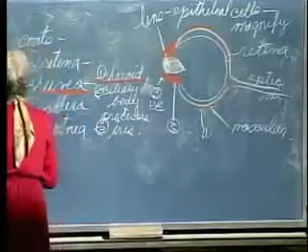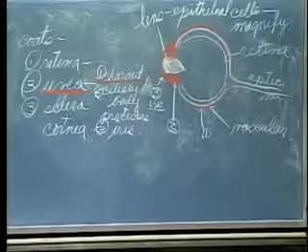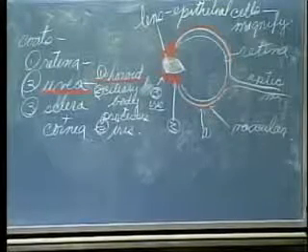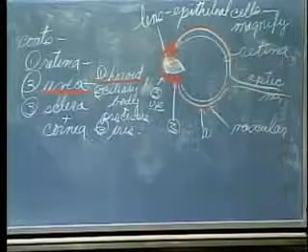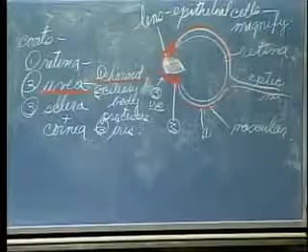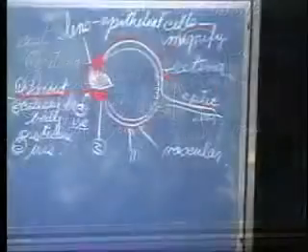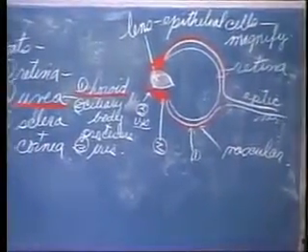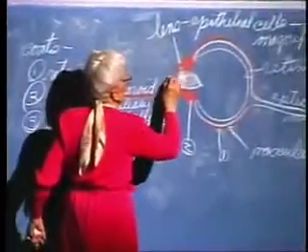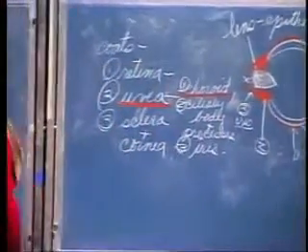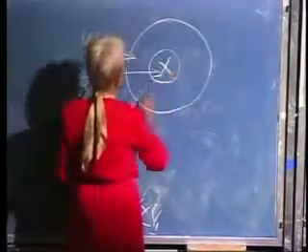If we take the iris and look at it from in front, we'll see just the disc with the pupil. And here would be your pupil here. And we'll have the muscles that we've mentioned before in the iris.